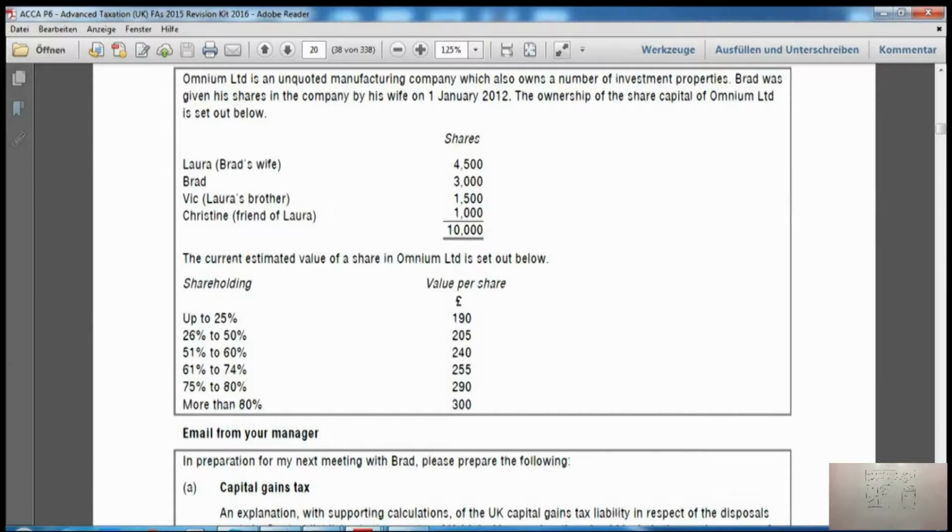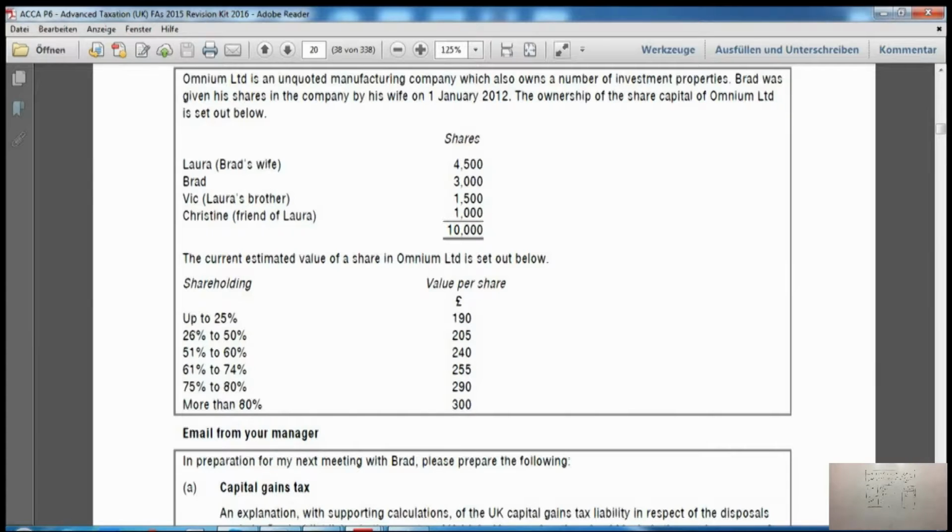Right? Now if we do not ignore, if we include related property valuation, what does related property valuation say? When you own an asset or property or shares, and in the same company, if any of the exempt parties own shares, then that would be included in your total shares. Now look at the parties of the shares. Who owns the shares?